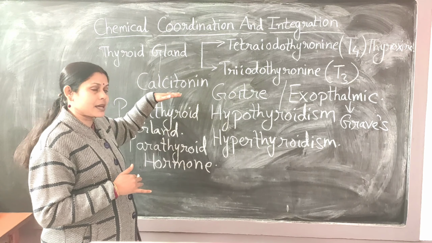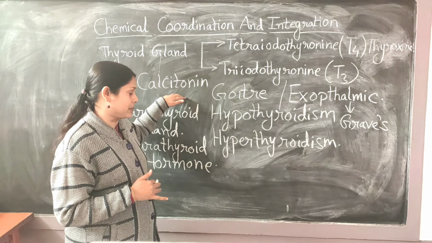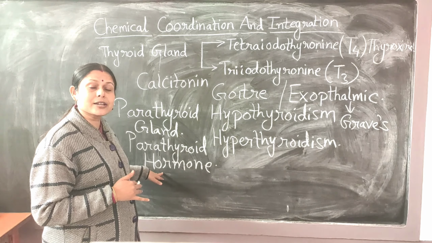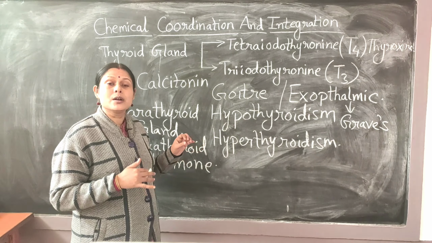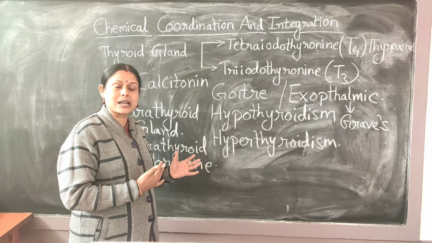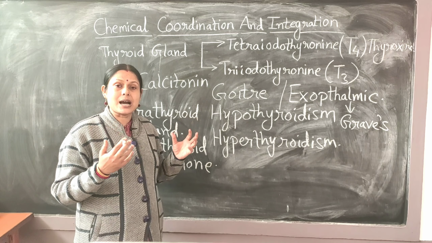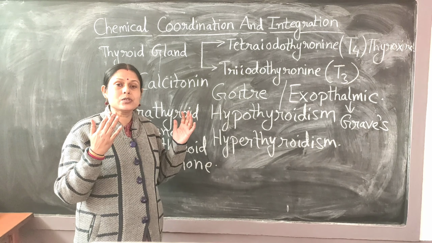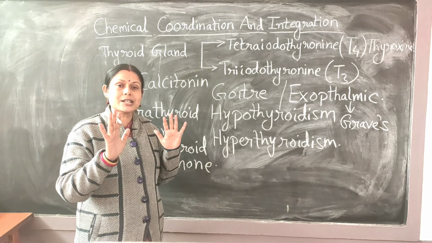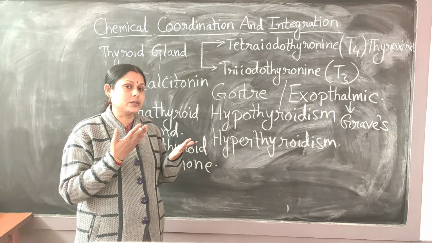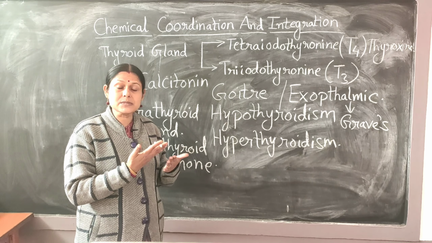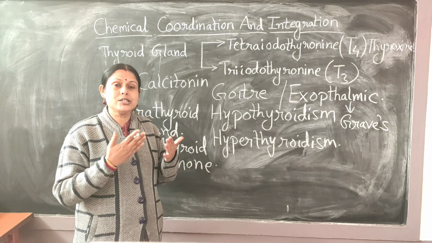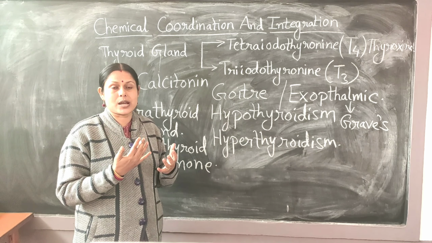So what will happen is that when the level of calcium falls in the blood, during that time the parathyroid hormone, which is released by the parathyroid gland, will dissolve the calcium attached to the bones and teeth, and it will result in liberation of those ions into the blood.